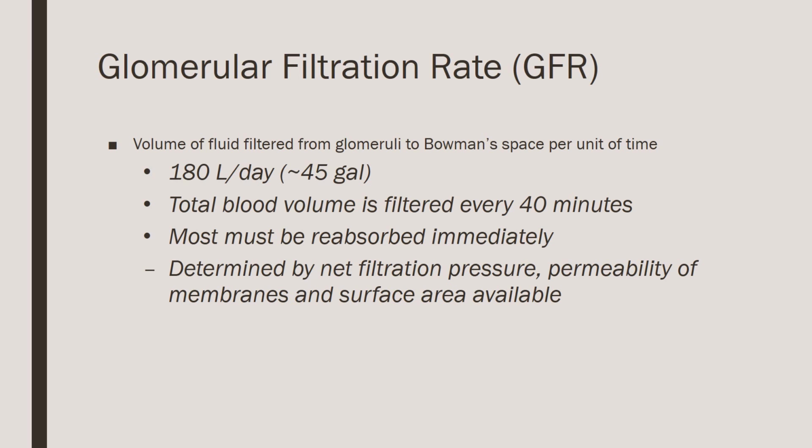Ultimately, this tells us how permeable the glomerular membrane is, which is determined by net filtration pressures, permeability of the membranes, and surface area available. Most of the filtrate that runs through here is going to be reabsorbed immediately, between 99 to 99.5%.